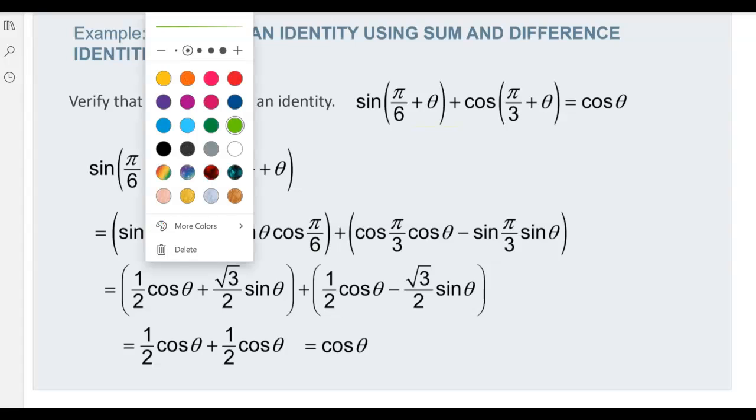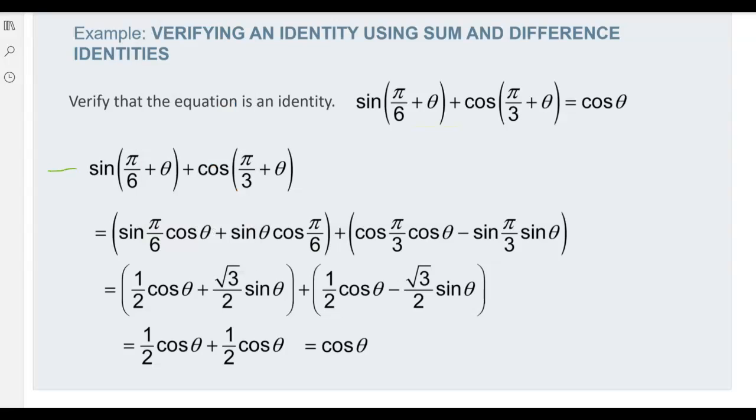So I'm going to start with what I have on the left-hand side here. And then this is going to be the formula for sine of two angles added together. And then this is going to be the formula for cosine of two angles added together.